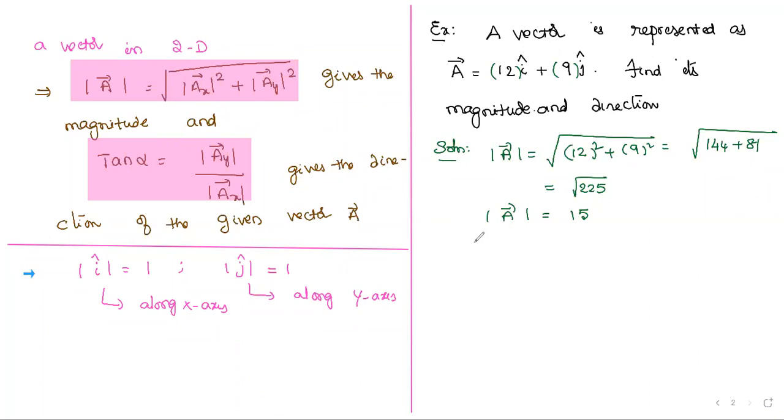Direction means I'm asking tan alpha equals how much? Tan alpha equals mod AY by mod AX.